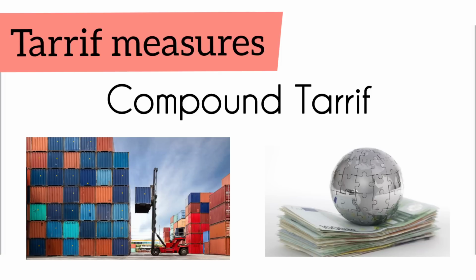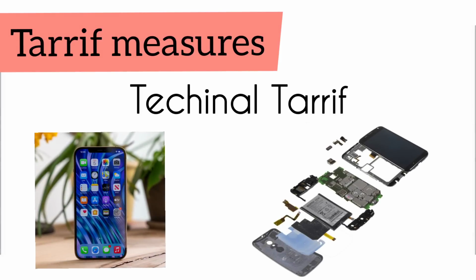Next is compound tariff, or we also call it compound duty. Compound tariff means they will apply both ad valorem tariff and specific tariff. So both they will apply. Okay. Next is technical or other tariff. In technical or other tariff, depending upon the content or components of the goods you are importing, they will charge.